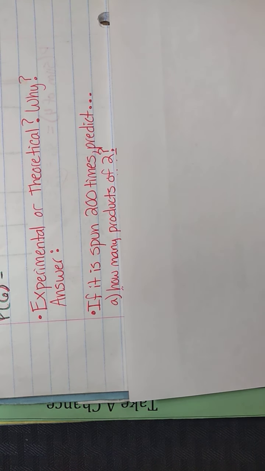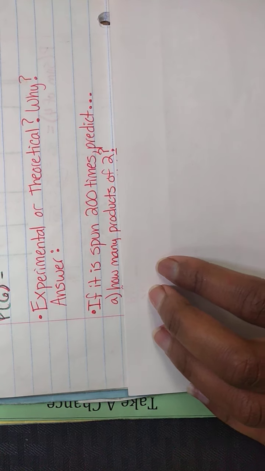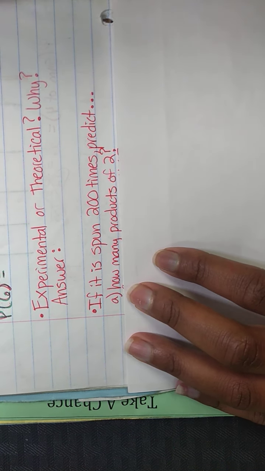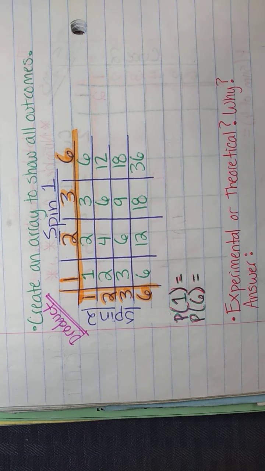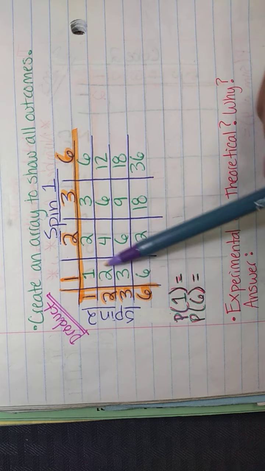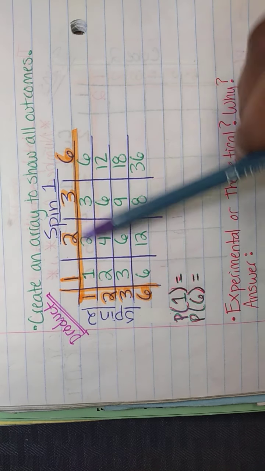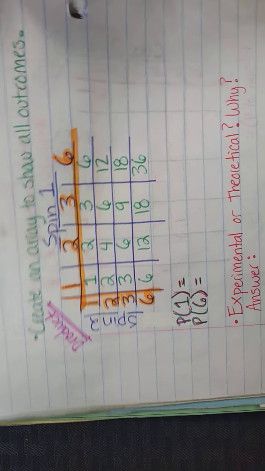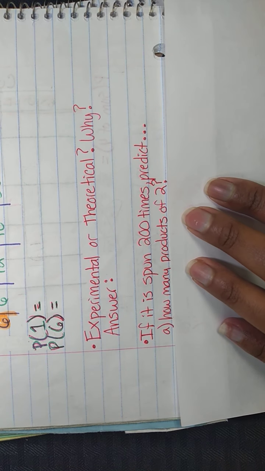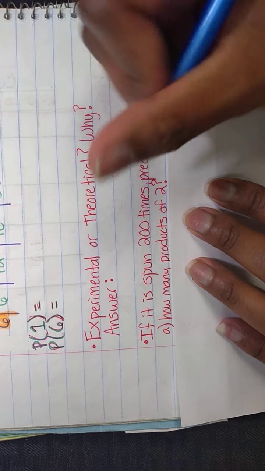This is just a proportion question. If I'm trying to figure out 200 times, well, look what I know. I only see 2 of them, 2 out of 16 chance of getting a product of 2. So I'm going to write that down. My chance of getting a product of 2 would be 2 out of 16.